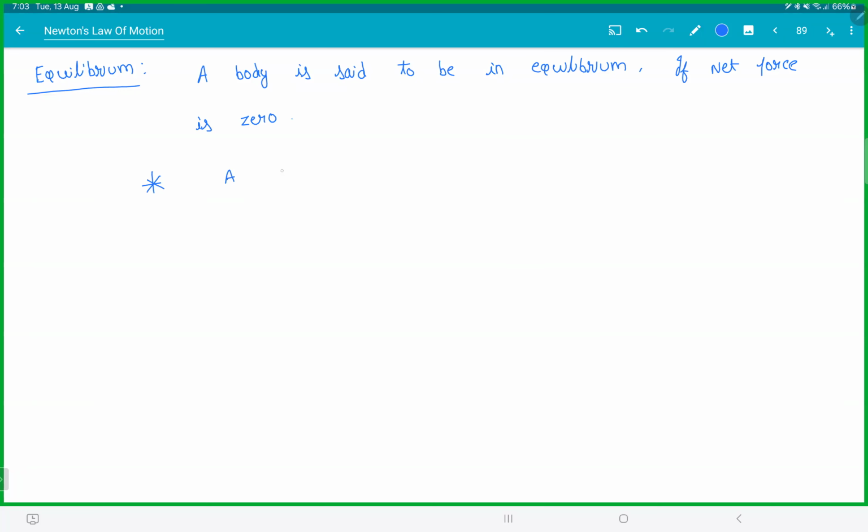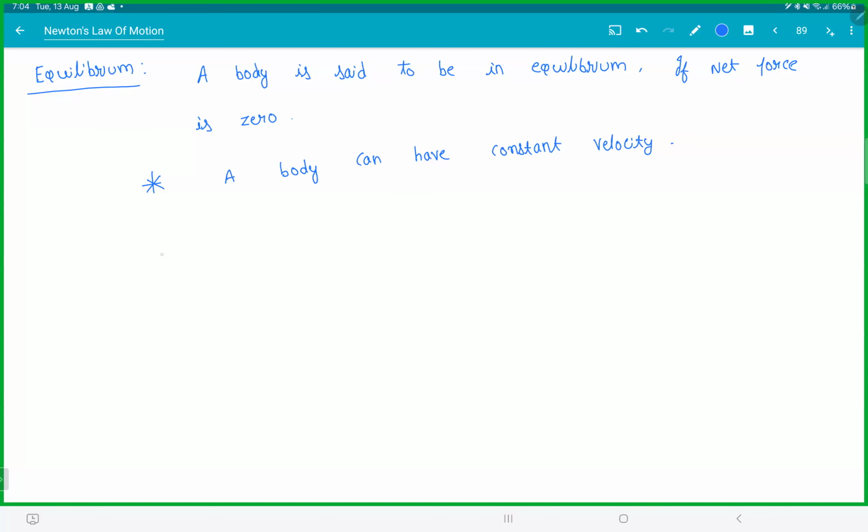A body can have constant velocity in equilibrium. Because if the net force is 0, means acceleration is 0, means you can have a constant velocity. So they ask a question like this: if the body is at rest, it is in equilibrium, but if a body is in equilibrium, it need not be at rest. Clear? So keep that in mind.